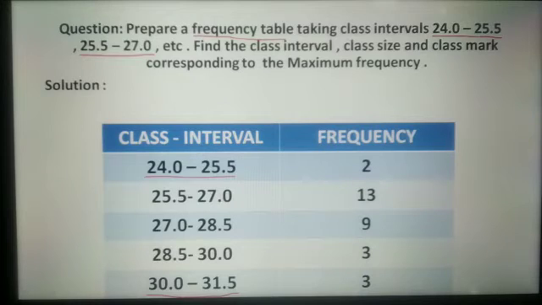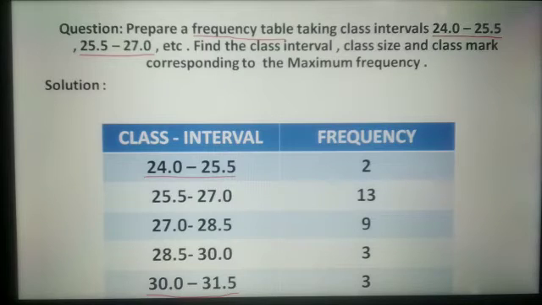So we have to form classes by this method. In the class interval 24.0 to 25.5, 24.0 is included and the values between 24.0 and 25.5 will be included, but the upper limit 25.5 will not be included; it is excluded.